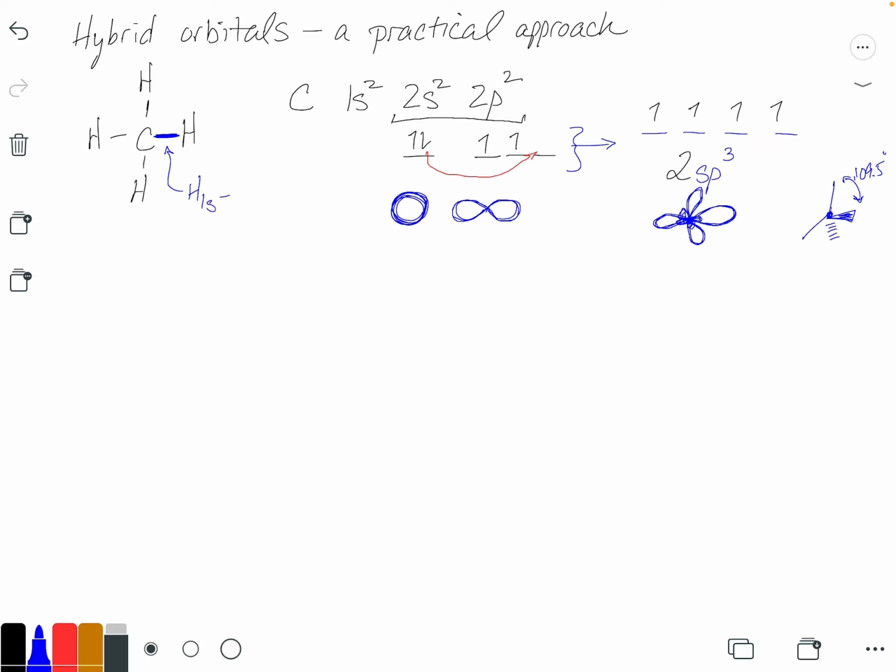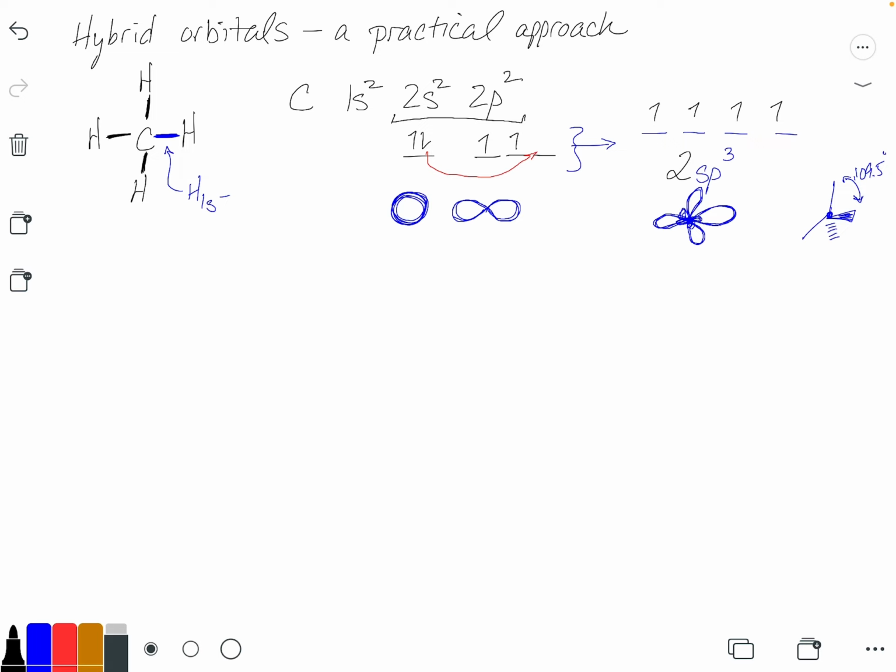What about carbon? Well, the easiest way to look at this is to say how many electron groups are there around the central atom? In this case, I've got the one that I highlighted there in blue. I also have 3 additional electron groups around that central carbon atom.